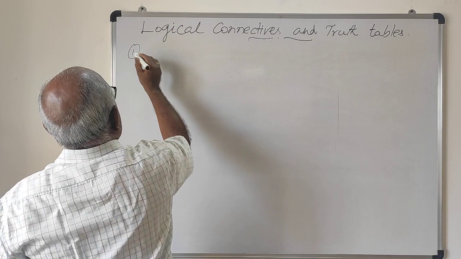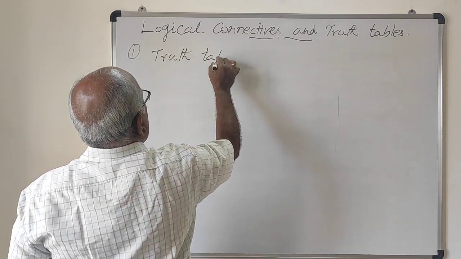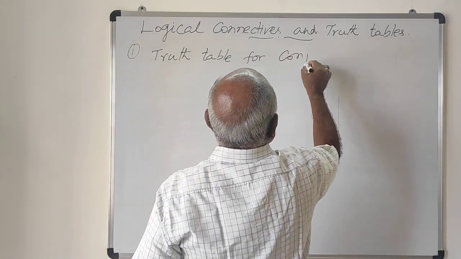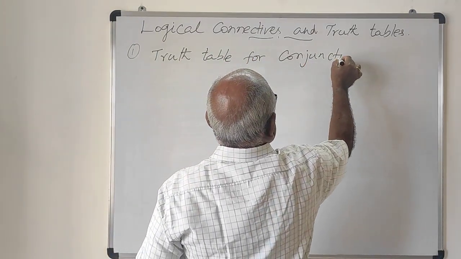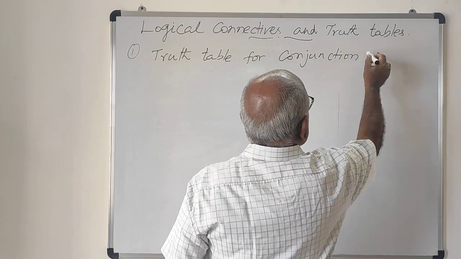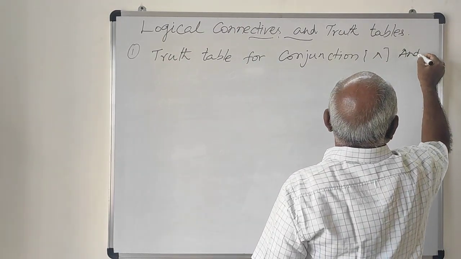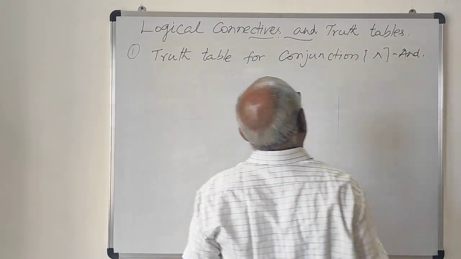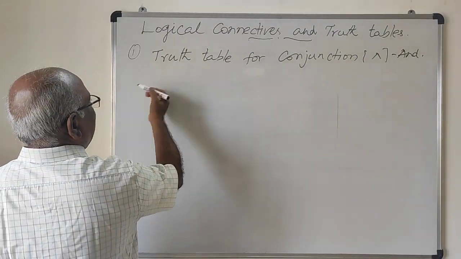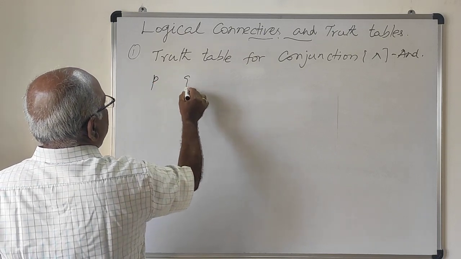First table, truth table for conjunction. That means and. P is one statement, Q is another statement.